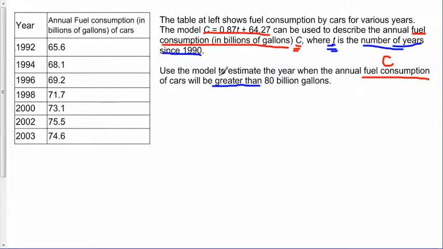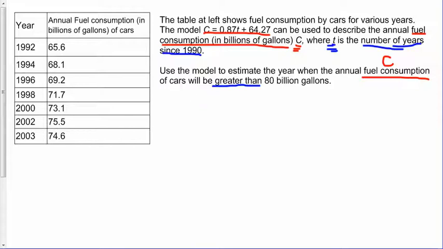Now this "greater than" means when we translate this information, we need to be thinking about an inequality rather than an equation, because it doesn't say when will the fuel consumption be 80 billion gallons, but for what years will it be greater than 80 billion gallons. So let's take a look at how we can set this up.